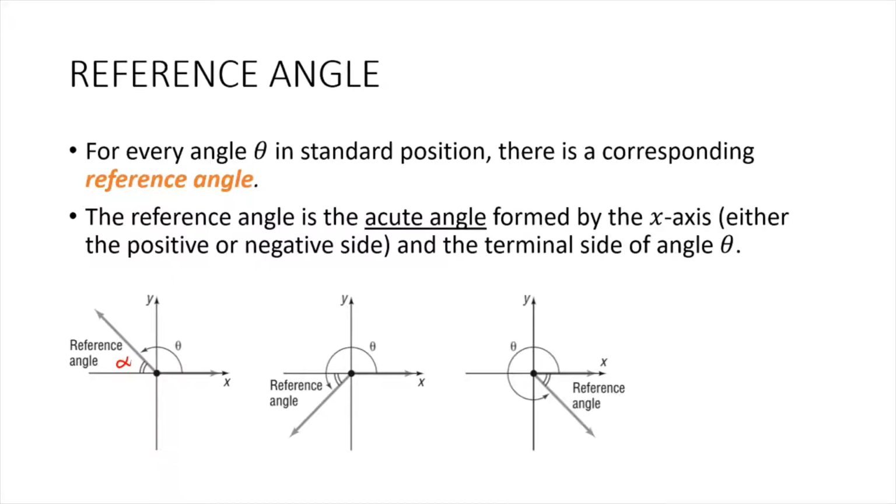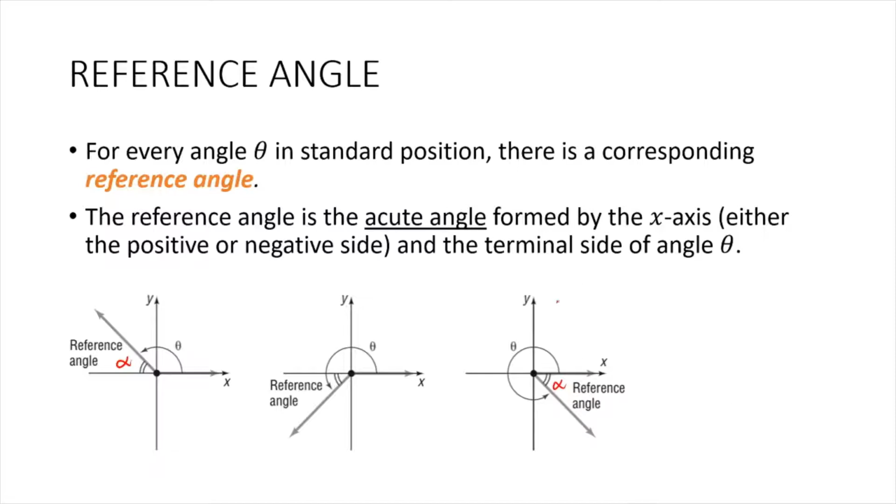Same with this angle here. We have again an angle in standard position. The reference angle in this case is formed by the terminal side and the positive x-axis, because this is the acute angle formed. Therefore, this is the reference angle. Let's call it angle alpha.